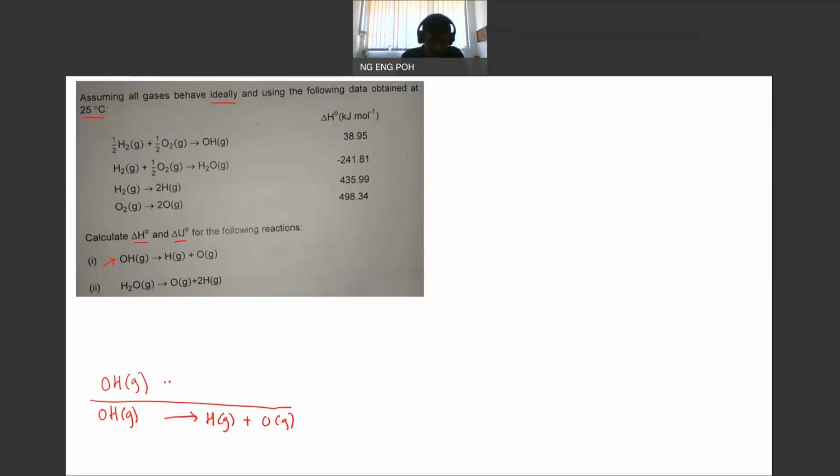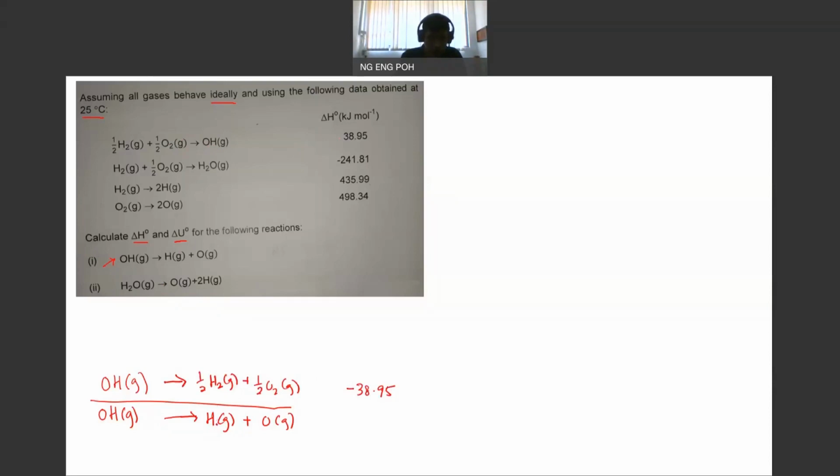So you will get half H2 gas plus half O2 gas, and here you will get negative 38.95.